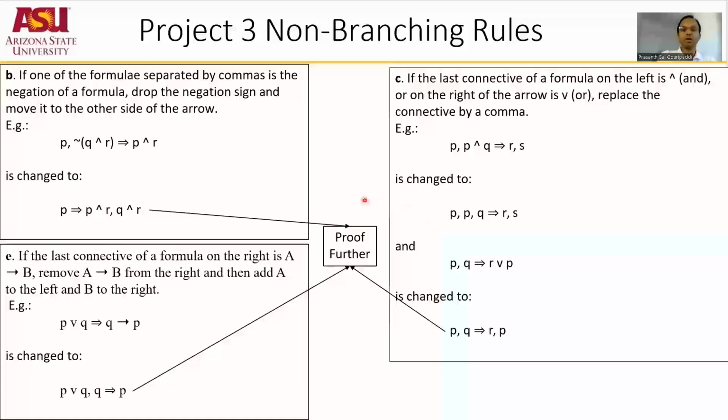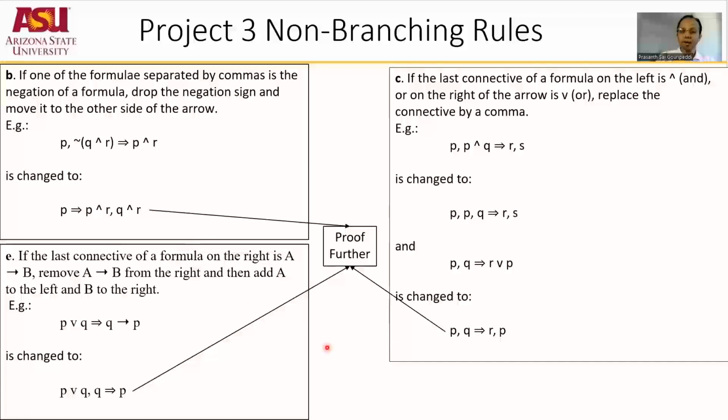The third non-branching rule is for implication. When you have Q implies P, the head of the implication moves to the premise. So here in this case, P or Q, sequent Q implies P, then Q goes to the premise. So you get P or Q, Q, sequent P. Remember that these can undergo further proving.